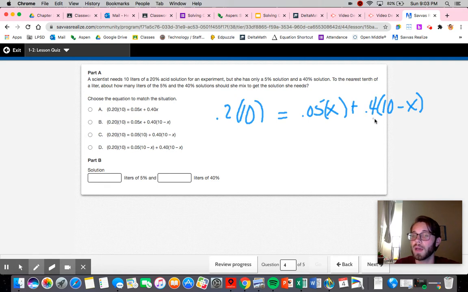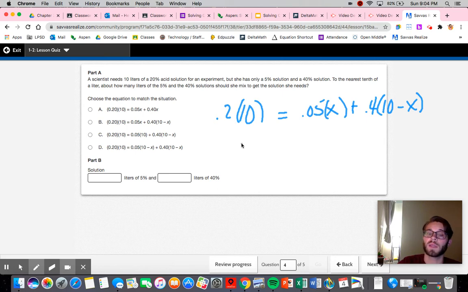And all we're doing is converting the liters of solution to the liters of acid, right? So we're saying acid plus acid is equal to the amount of acid, which is what we're looking for, as opposed to saying amount of this solution plus amount of that solution is equal to amount of a different solution. We're really just getting everything into the same form by doing this.